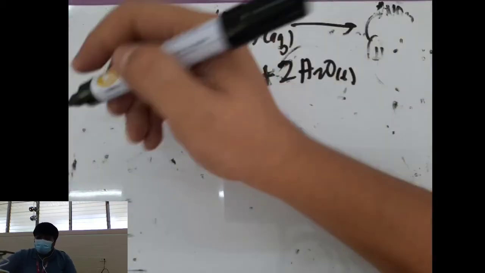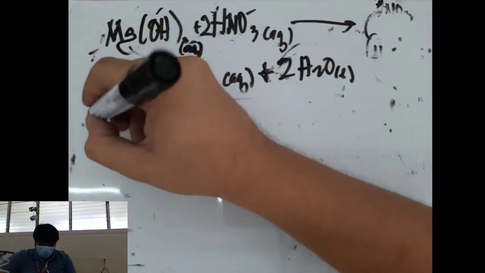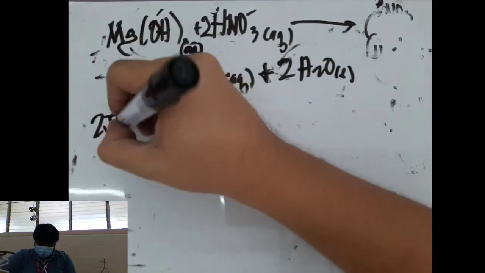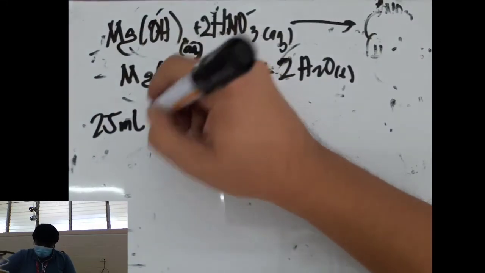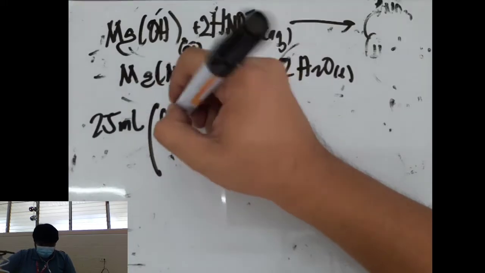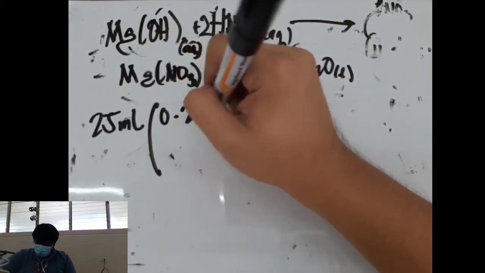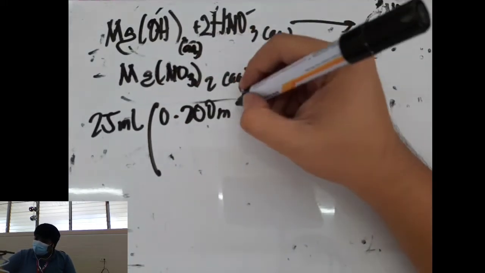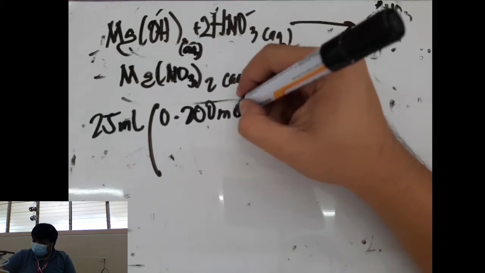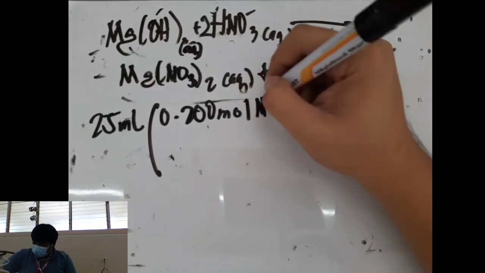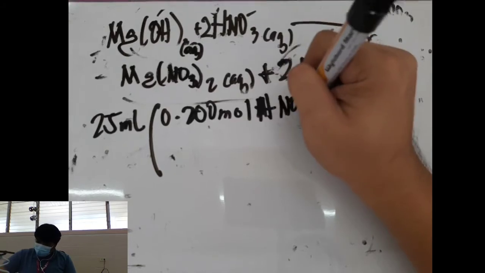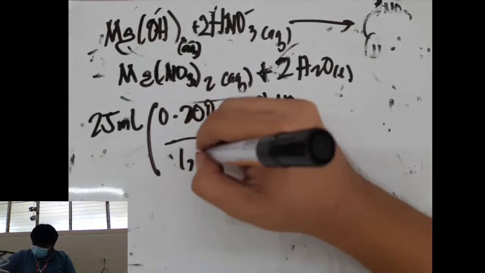Like we did previously, we have 25 ml of 0.200 molar nitric acid, which is 0.200 mole of nitric acid per 1000 ml of it.